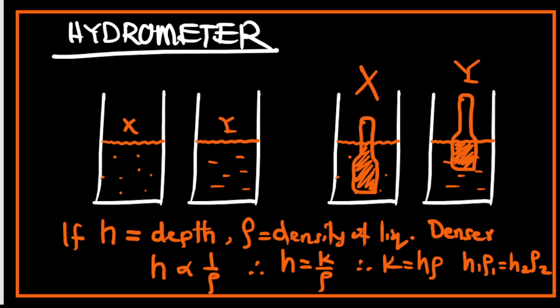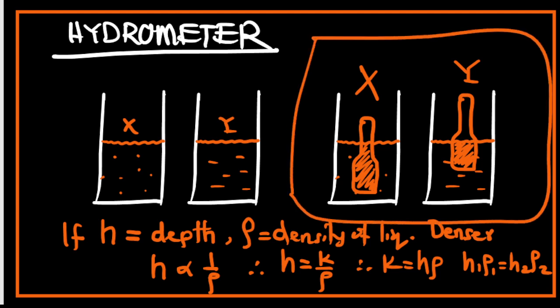So you expect a hydrometer to go deeper in a less dense liquid compared to a denser liquid. Looking at this particular diagram for liquid X and Y, you can tell that the hydrometer goes deeper in X, and it's not as deep compared to what? In Y, you can see that it's not as deep compared to X. So just by that eye inspection, you can tell that liquid Y is denser than X.